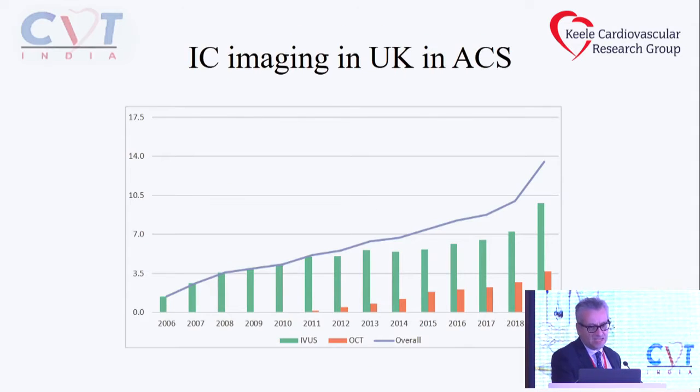So if we look at imaging in the UK in ACS cases, this is data that we've submitted for publication in JACC Interventions. Again, a 15 year analysis. You can see this in the UK currently, we're doing imaging in around 15% of cases, so still not enough, with a predominance more towards IVUS compared to OCT.